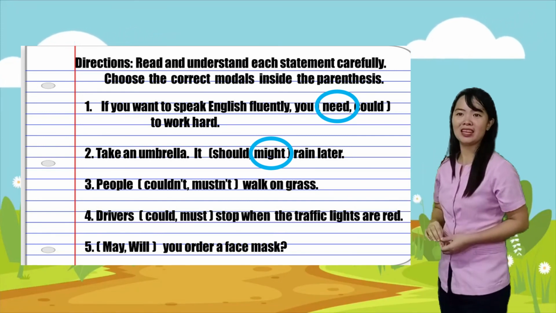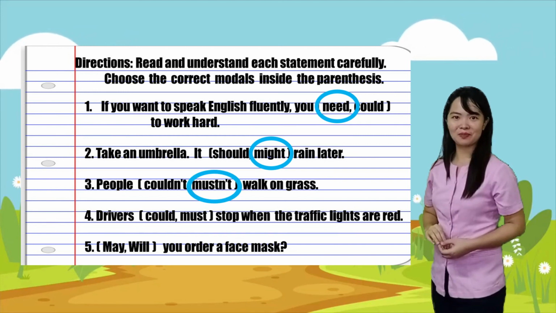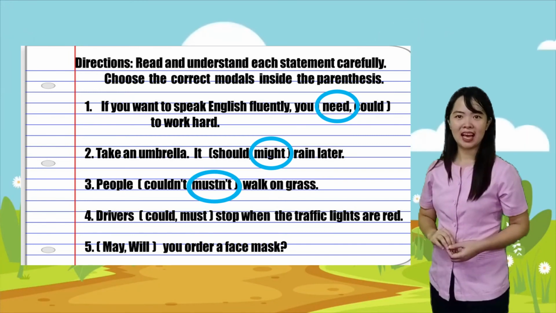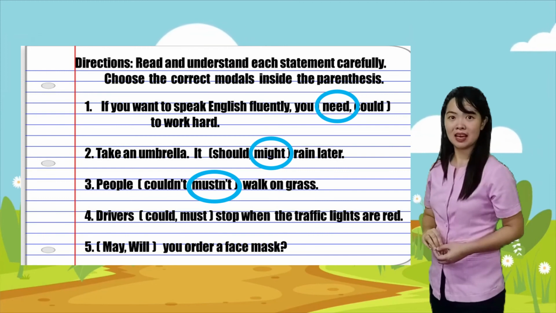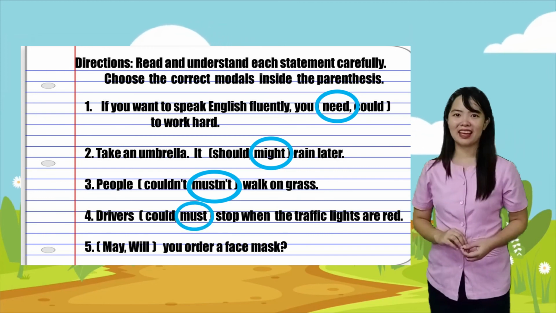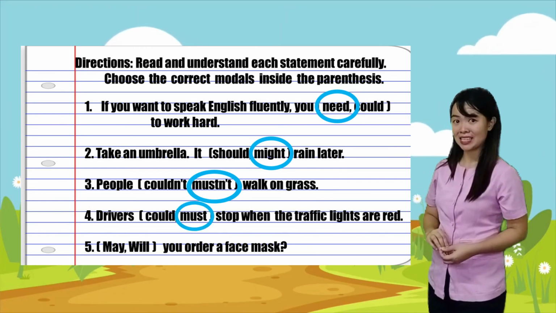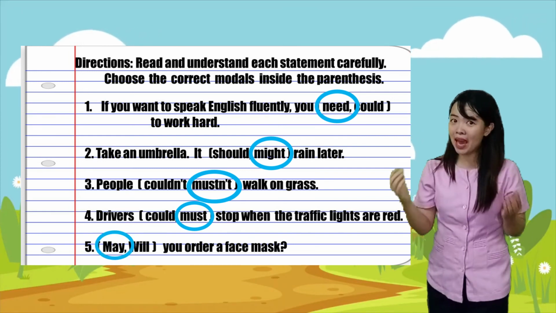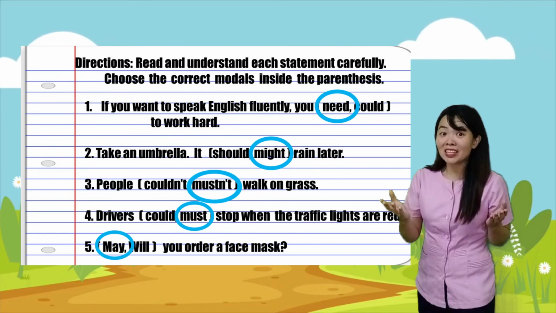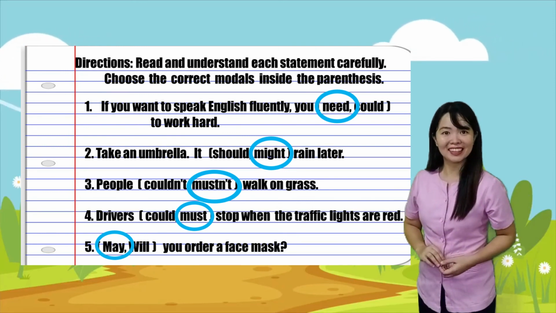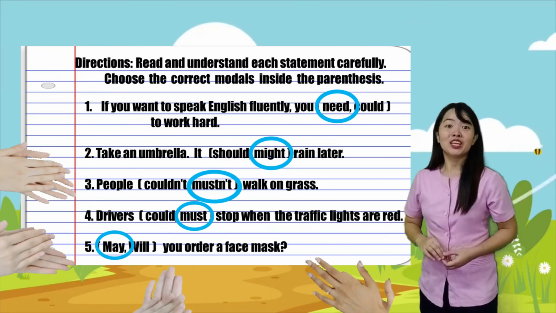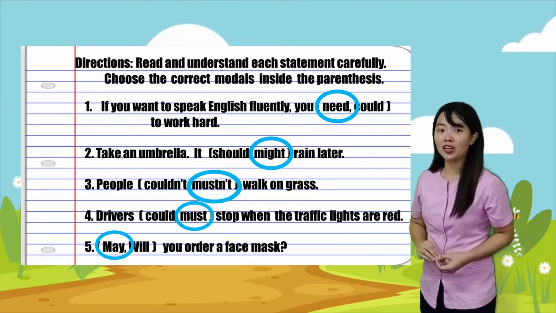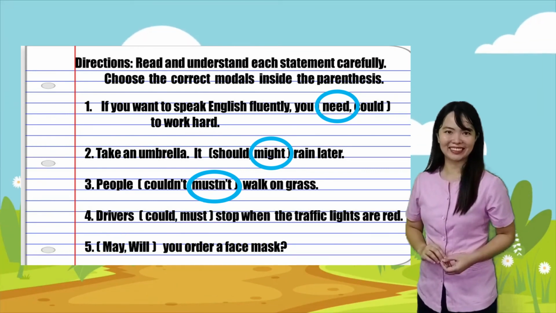The answer is mustn't. Number 4, the correct answer is must. And for the last item, the correct answer is may. Did you get all the correct answers? Very good. You are now ready for our new lesson.